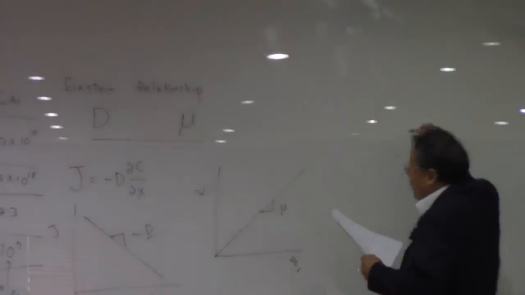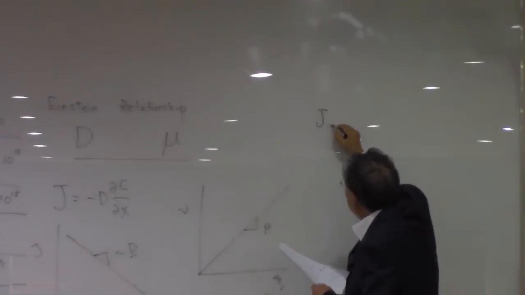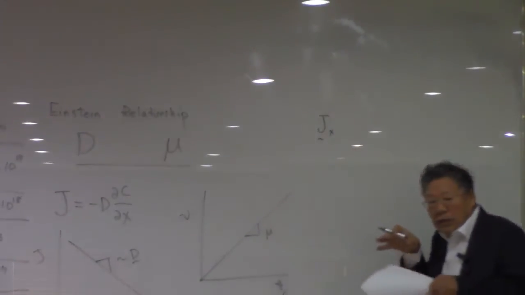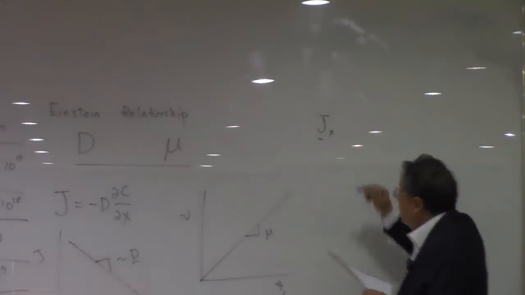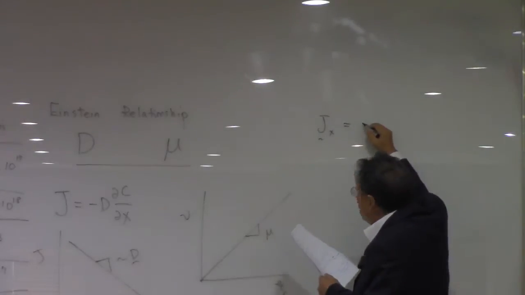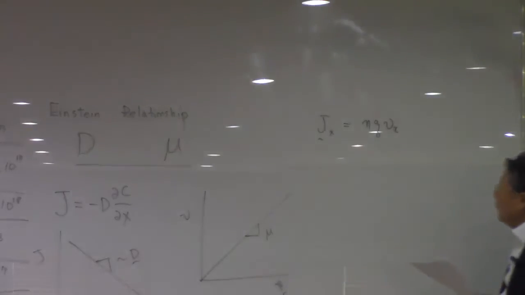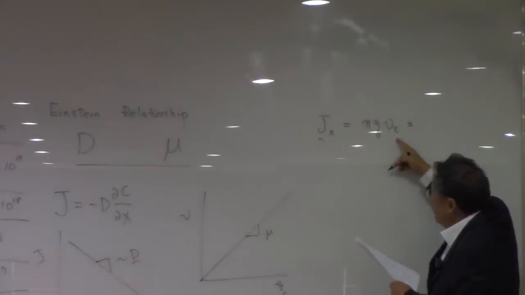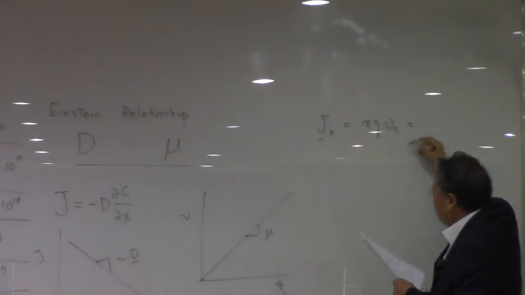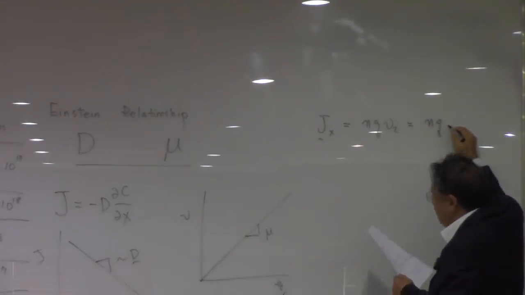Now let's see. We just talk about the one direction flux. Then that is going to be set in terms of the velocity of the particles like this. And then this velocity is related to the electric field in this fashion.